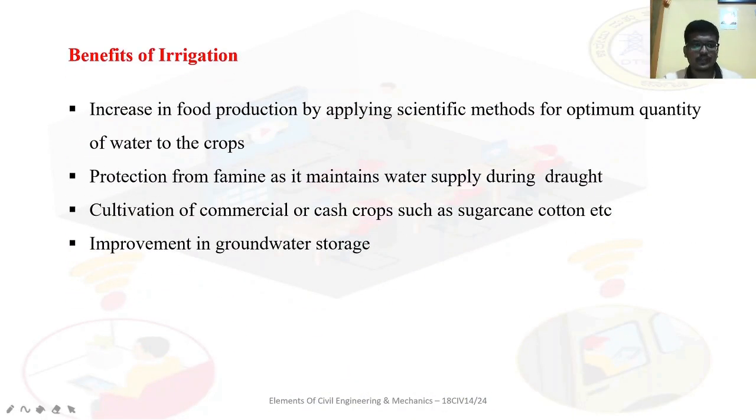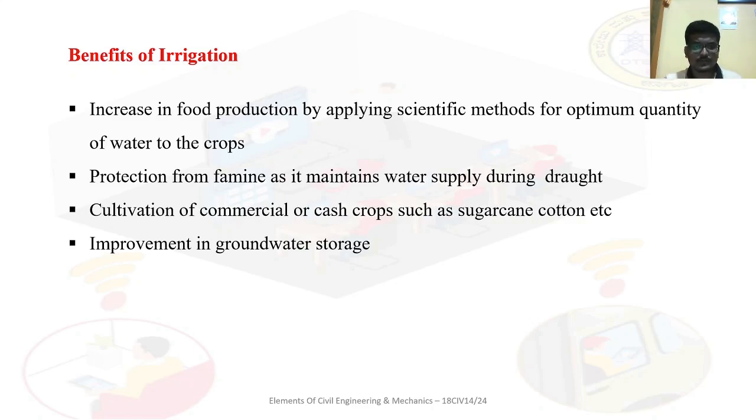So benefits of irrigation. Due to irrigation, an increase in food production can be seen by applying scientific methods for optimum quantity of water to the crops. Protection from famine, as it maintains water supply during drought. Wherever the rain is low, we can use the water from the dams so that we can protect from famine.